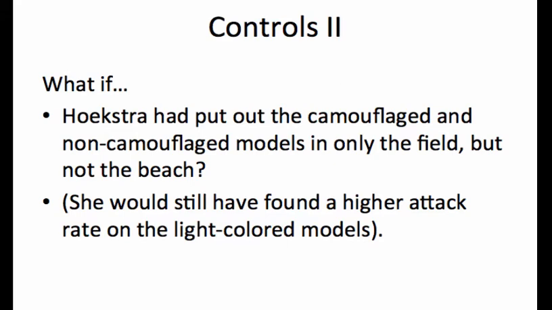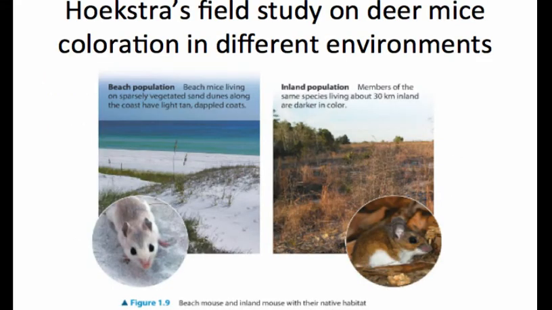Okay? Now, if you go back to Hickstra's experiment, she didn't really do that. She actually had a kind of vice versa situation, right? So in addition to having the light and dark mice over here and seeing the light mice get slammed in the inland population, she also had the light and dark mice in the beach population, and she watched a higher rate of attacks occur on the non-camouflage population even there.